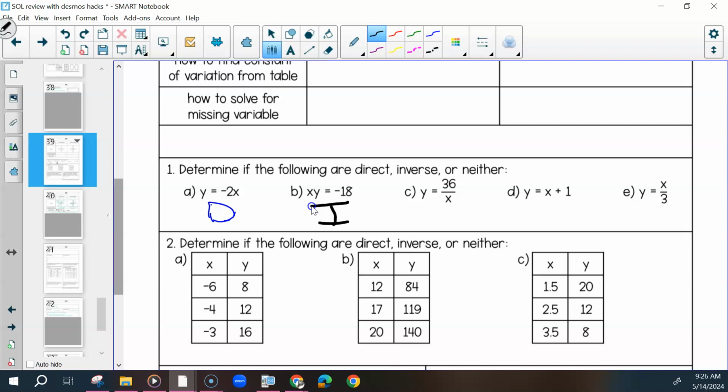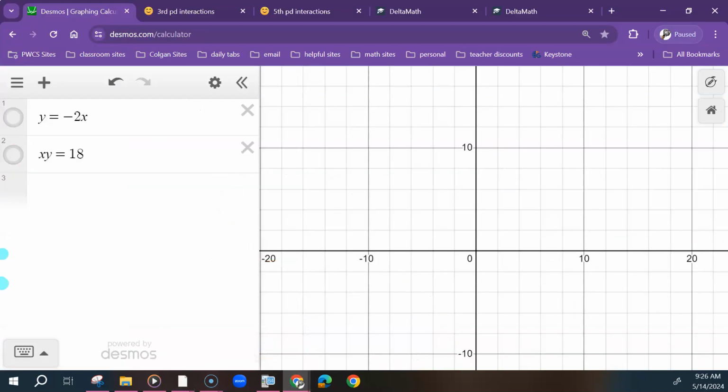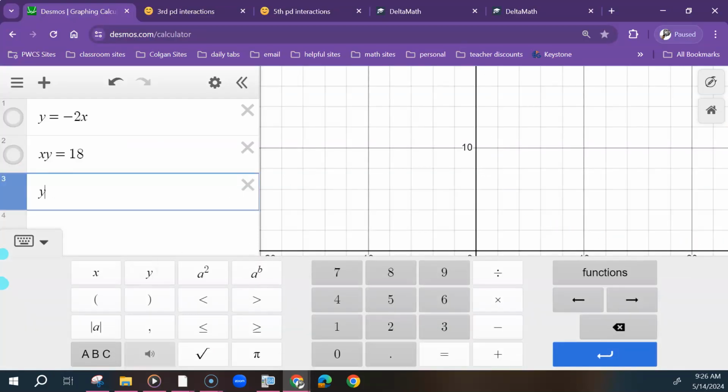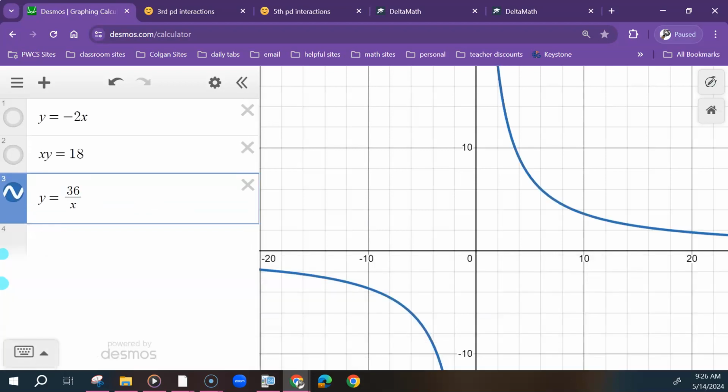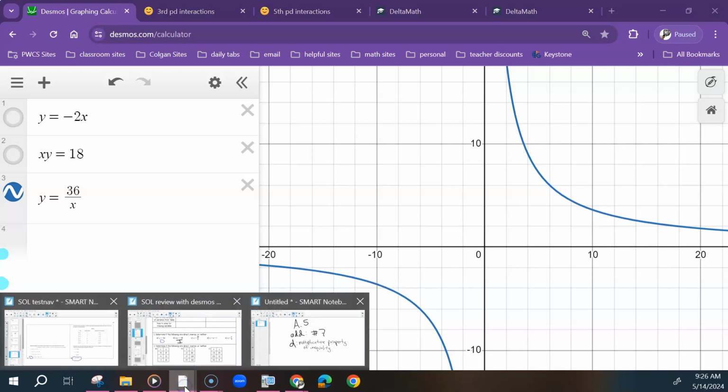For C, the equation, if you have some number over x, that's inverse, but you could also look at the graph. And it makes that hyperbola shape again. So inverse.